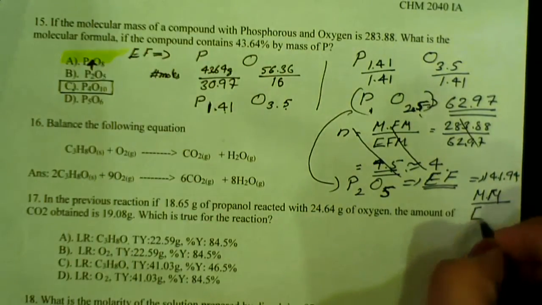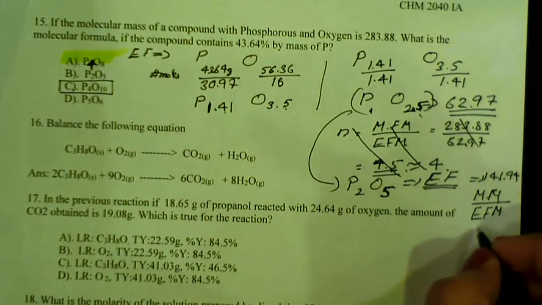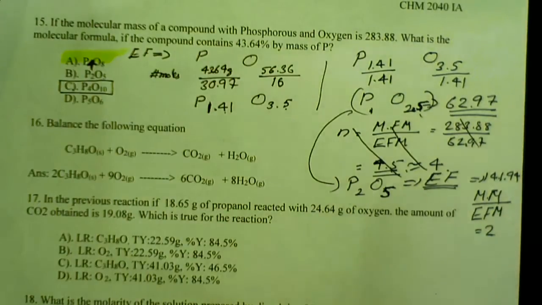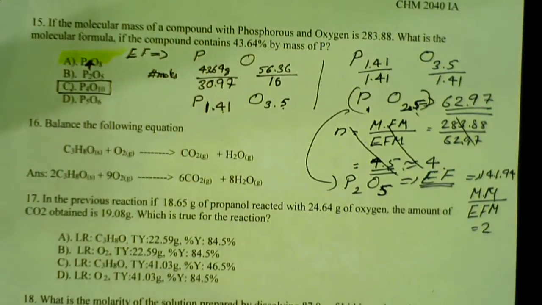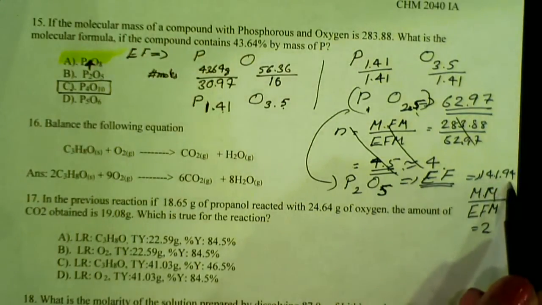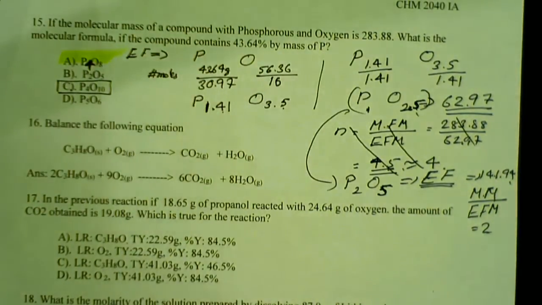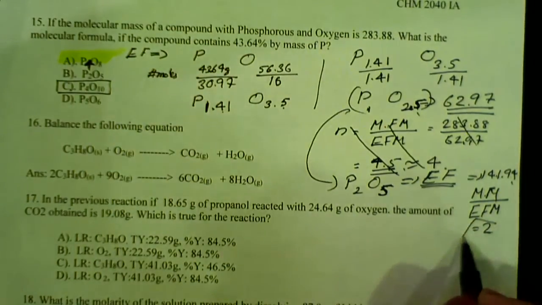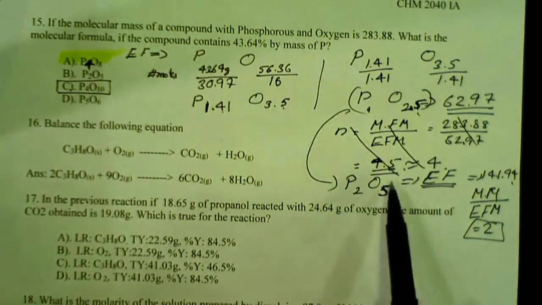Okay, and when you get the mass for the empirical formula, it will be 30.97 times 2 plus 16 times 5, which is 141.94. So when you get the ratio for the molecular mass and the empirical formula mass, you will end up with integer 2.